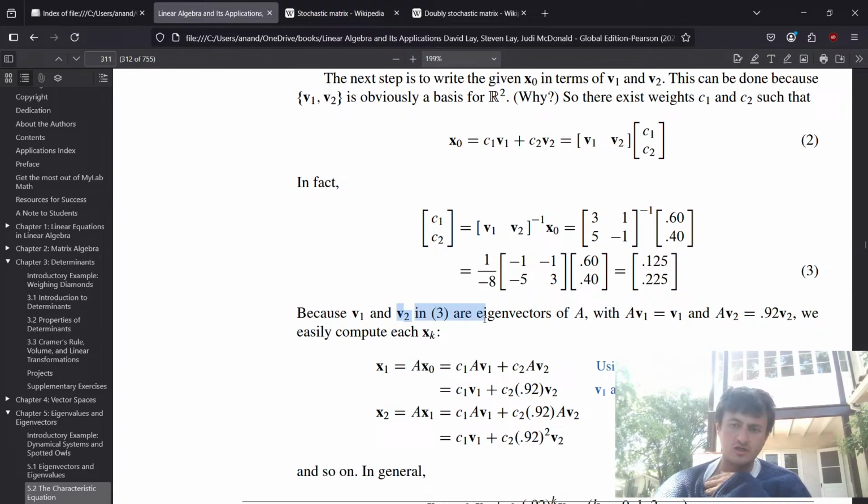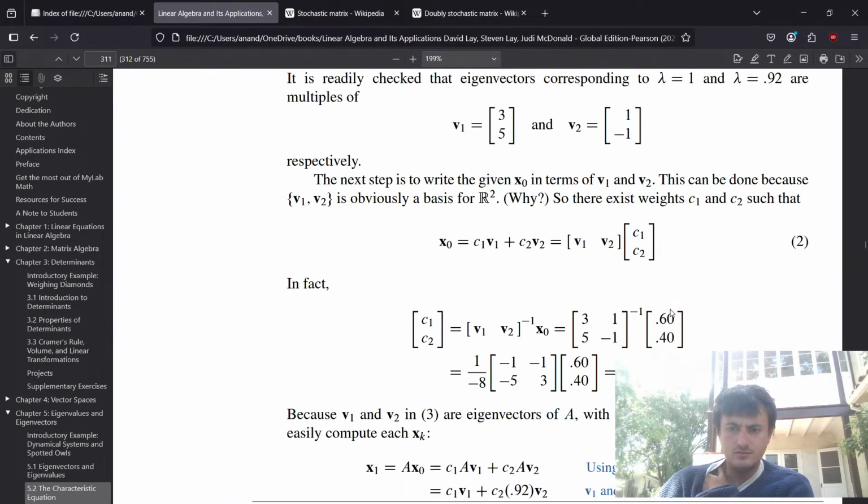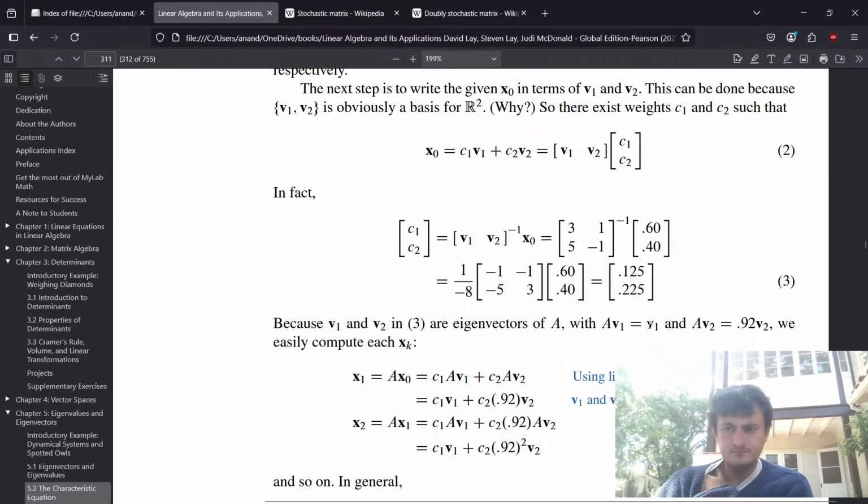Because v1 and v2 are eigenvectors of A. Oh yeah, right.